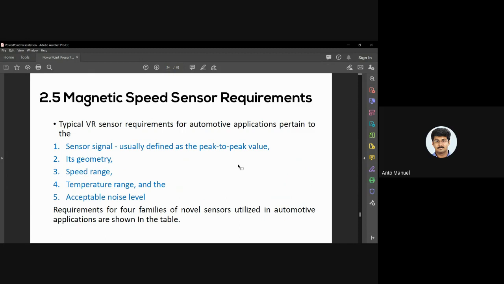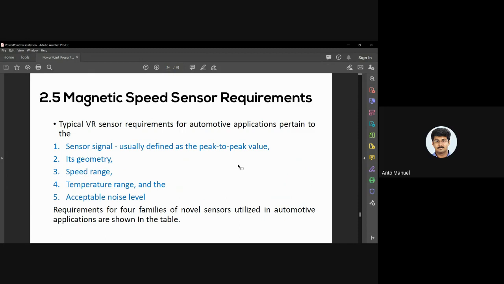First one, sensor signal, usually defined as the peak to peak value, and how your output signal would be, whether it is in the form of current or in the form of voltage. That is the first requirement when we are going for the design. What kind of signal we require, a change in current or a change in voltage. That is the sensor signal parameter we need to consider as the first requirement for the design.